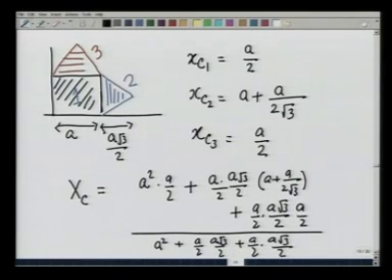And when you calculate this, it comes out to be about 0.594 times a.